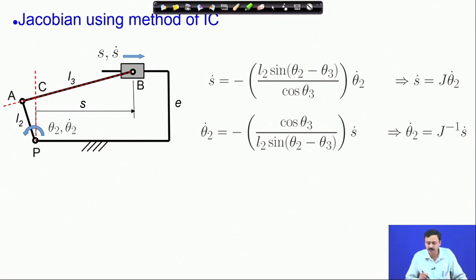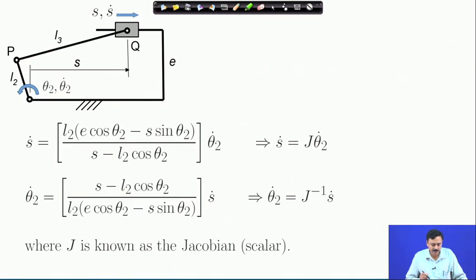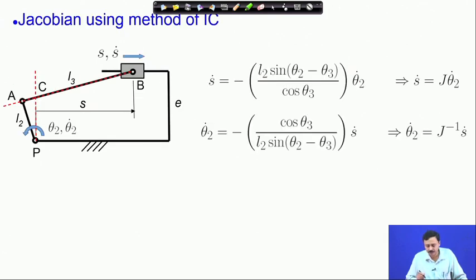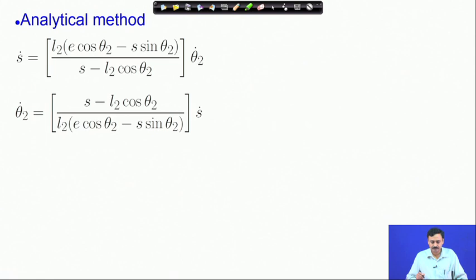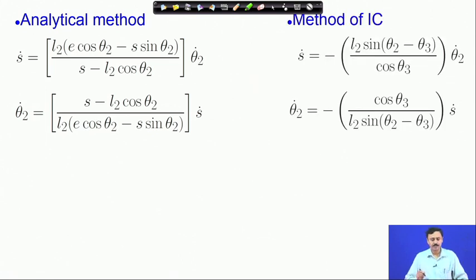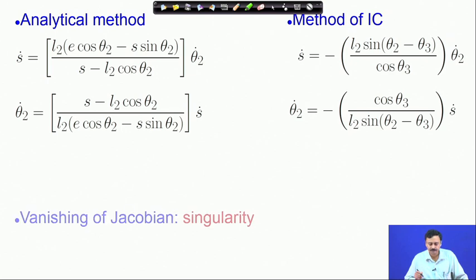Here the Jacobian is in terms of theta 2 and theta 3, whereas in the previous case the Jacobian was in terms of theta 2 and S, but they relate to the same thing, the relations remain the same. So, if you compare the expressions obtained from the analytical method and from the method of ICs, you have these relations between S dot and theta 2 dot.